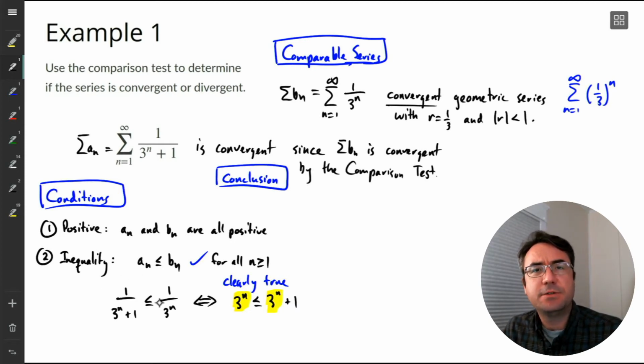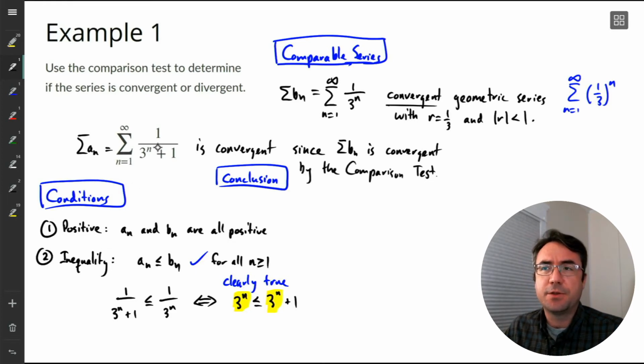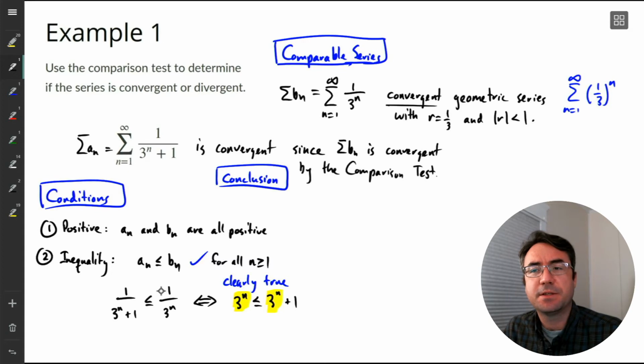The inequality generally takes some work. A lot of times, showing that the terms are positive is pretty clear from just looking at them, but sometimes the inequality takes a little bit of work. So we showed that. And that's enough to say, since those two conditions are met, and we know sigma bn is convergent, then sigma an is convergent as well by the comparison test.